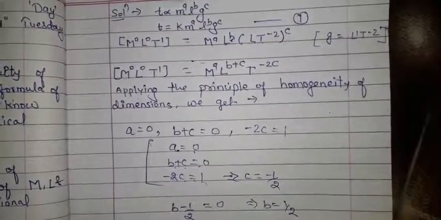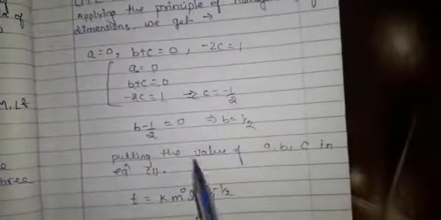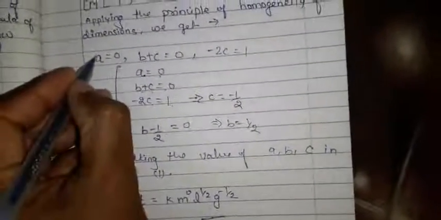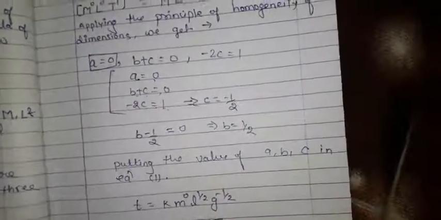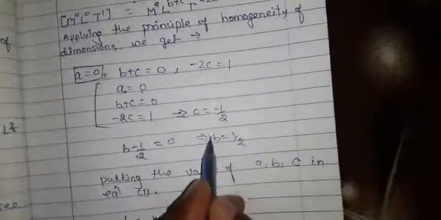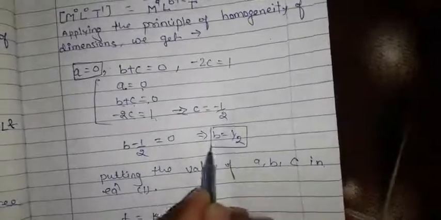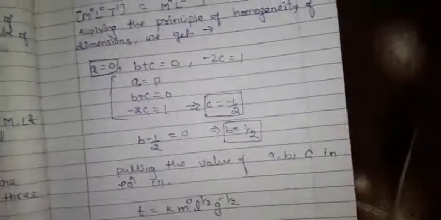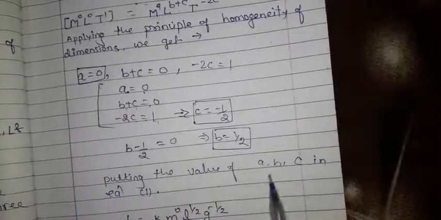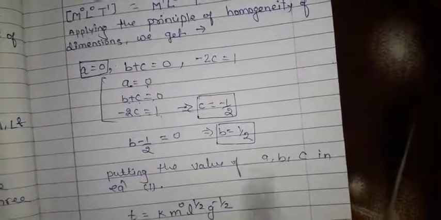Okay, now we have three values, that is a equal to 0, b equal to this, and c equal to this.